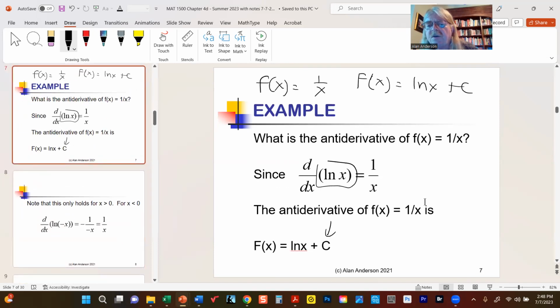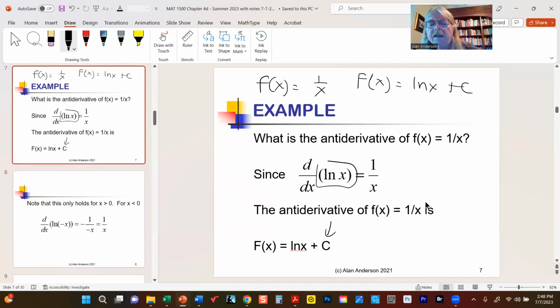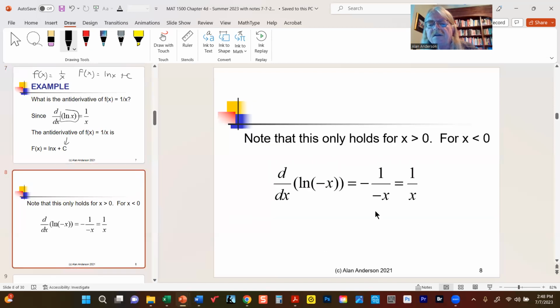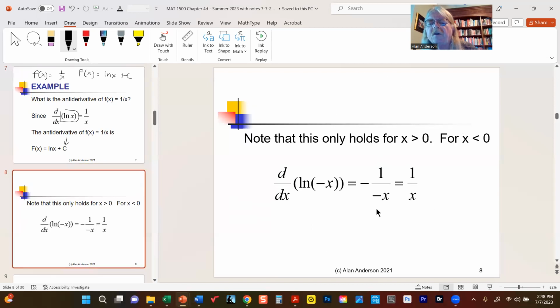Now, when it comes to logs, we often have to make restrictions. If x is positive, then the antiderivative is log x. Otherwise, it's negative, 1 over negative x.